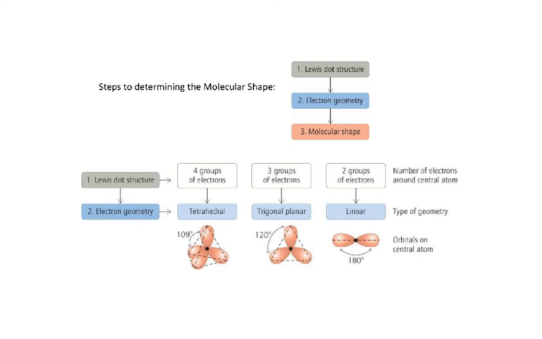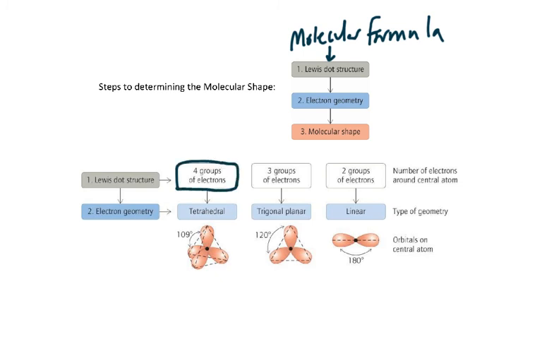Okay, and so here is the same information in another way. And again, looking at the sequence, if we have the molecular formula, then we can get the Lewis dot structure. Then from that, we can get the electron geometry. And then coming up next, we'll get molecular shape. So from the Lewis dot structure, we can see how many groups of electrons are on the central atom, right?